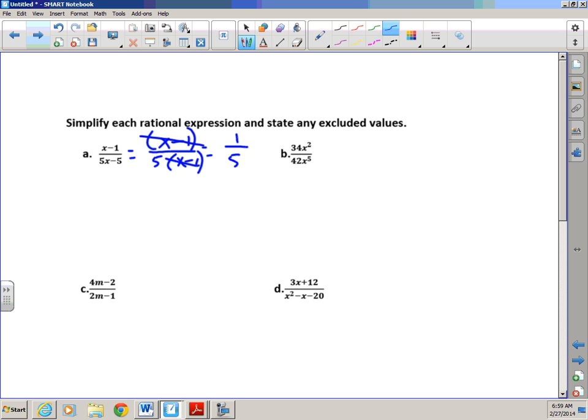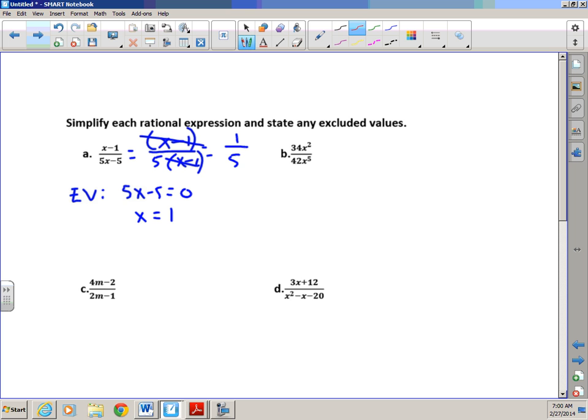Now, what's my excluded value? Well, I would set my denominator of 5x minus 5 equal to 0 so that my excluded value is 1. Unless there is no variable in the denominator, you will always have an excluded value.